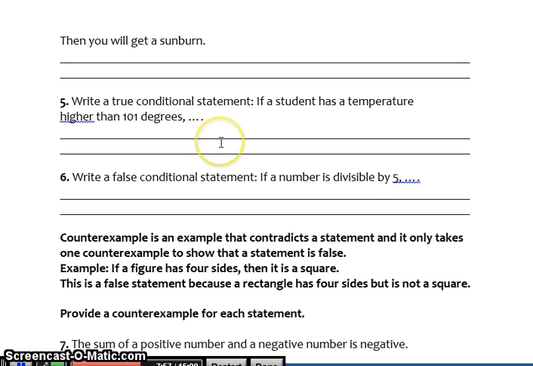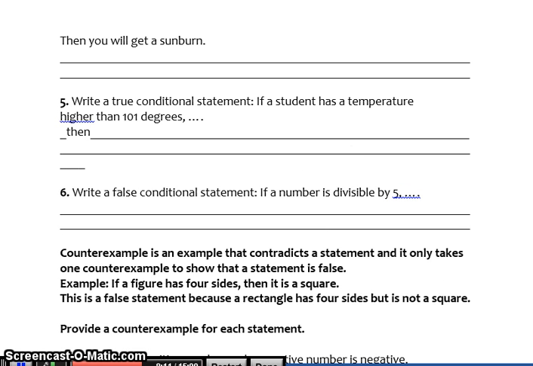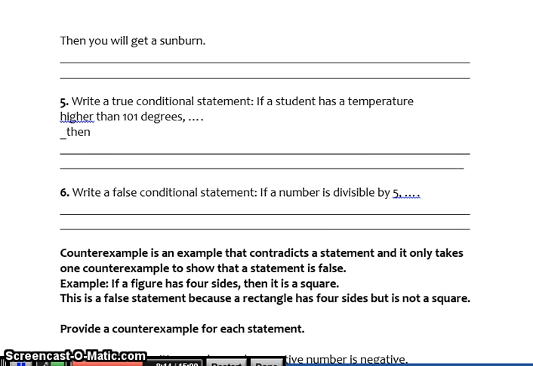Number 5, we want to write a true conditional statement. If a student has a temperature higher than 101 degrees, now that's our premise or our hypothesis. Our conclusion needs to start with then, and then we need to write something true that is a result of that. Now there's not necessarily a set rule for something that you do if you have a temperature of higher than 101 degrees, but there are things that you should do.